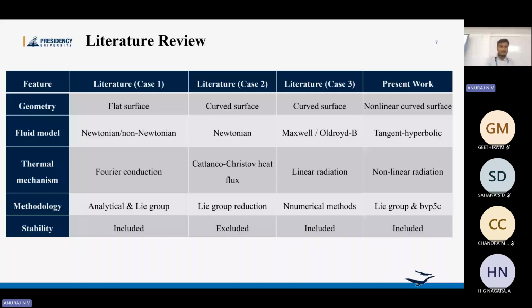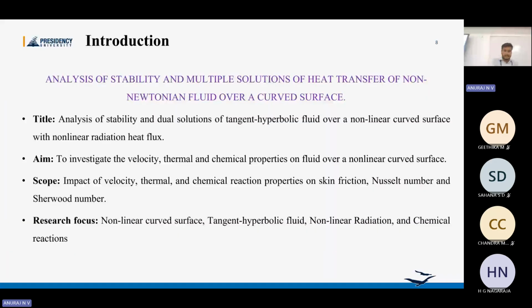For the stretching sheet they studied Lie group analysis, but for curved surfaces they have not, according to my literature review. Based on my objective, I framed the title of the research article: analysis of stability and dual solutions of tangent hyperbolic fluid over a nonlinear curved surface with nonlinear radiation influx.